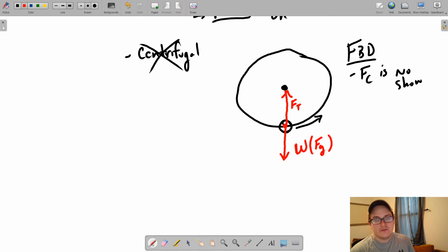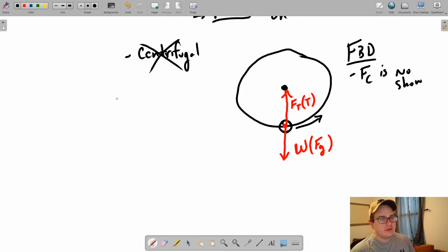We call that force of tension, F sub T or T, either one works. And that is going to be it as far as the forces acting on a tennis ball being swung in a vertical circle.